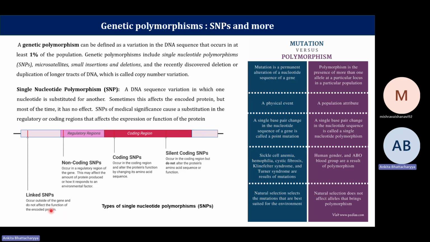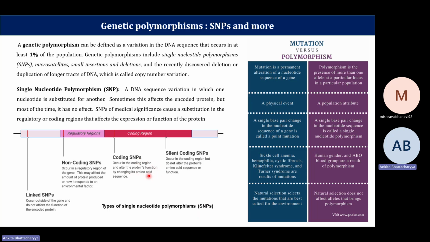Most commonly, what we are interested in when we talk about a disease, when we look at SNPs for a particular disease, again, the most common example being cancer, then we look for SNPs present within the coding region. Why? Because you expect that to have a change or manifest some sort of an irregularity in the encoded protein. So these occur in the coding region.